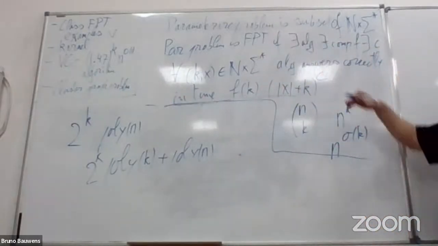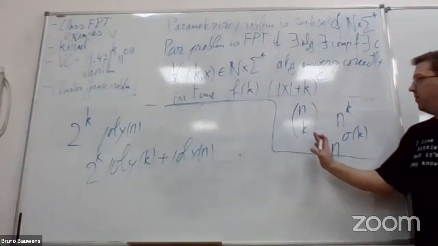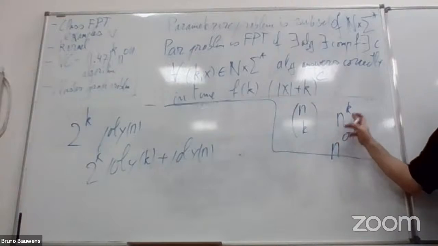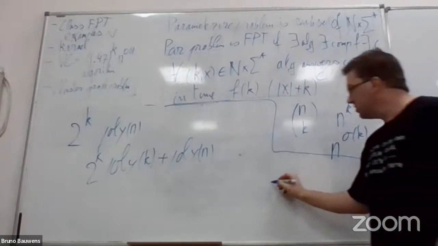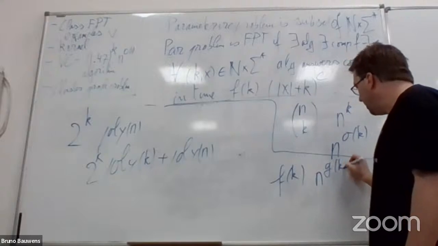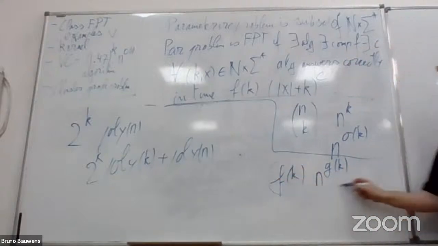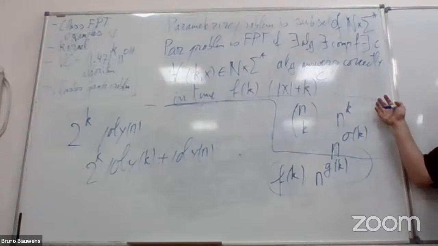So there are 3 levels of problems. The clique problem is solvable in n to the power some function of the parameter, and that's called slice-wise polynomial. So if it's solvable in f of k times n to the power g of k, this is called slice-wise polynomial. And we know k-colorability is not slice-wise polynomial under the exponential time hypothesis.